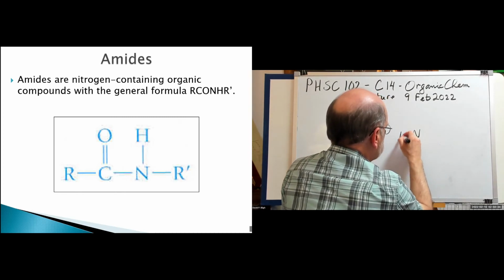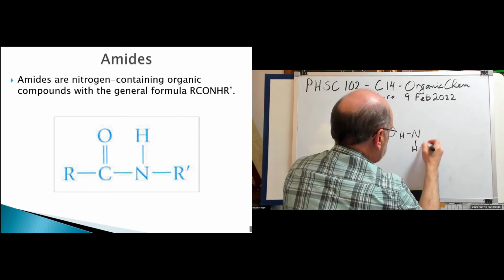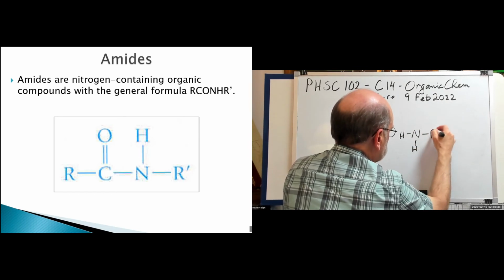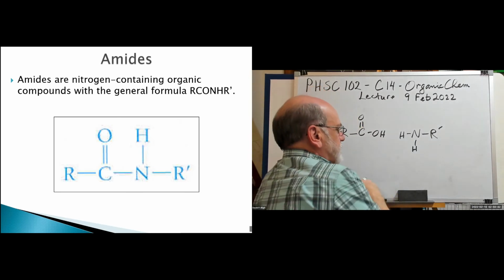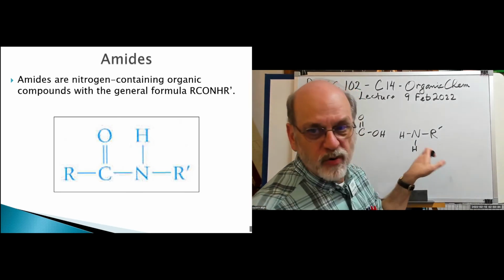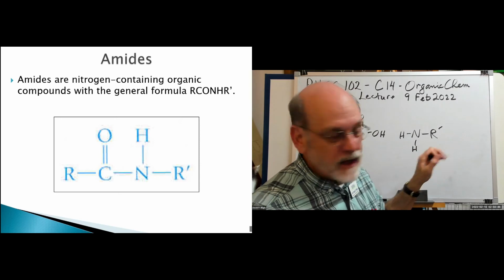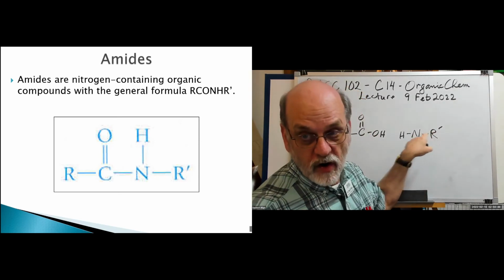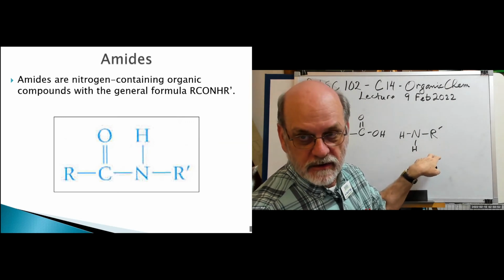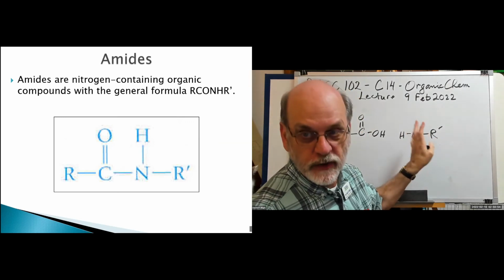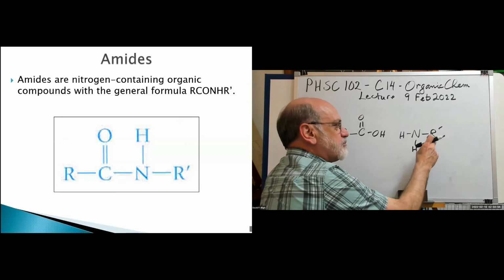Let's do an H here and an H here and some other R group. This is what's called a primary amine. A primary amine only has one R group on it. Secondary amine has two R groups, and a tertiary amine has three groups. So this is a primary amine.